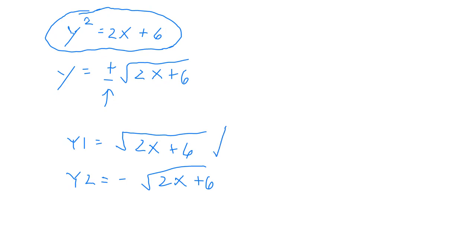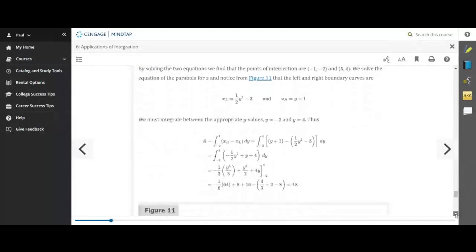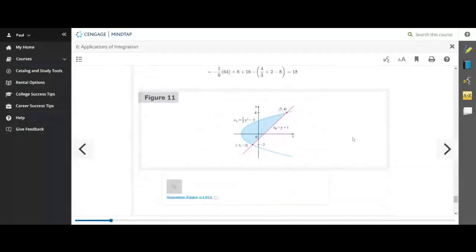You could graph both of these functions in Desmos as well. And what you'll see then is this particular picture in figure 11.